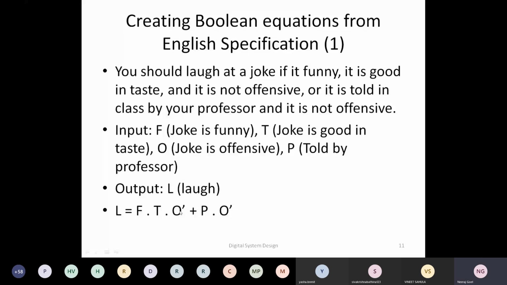This way, from an English specification, we can find out what my Boolean equation could be. That is one important source of Boolean equations, and this source is quite important because when the number of variables is large and you are designing big systems, this English specification comes in very handy. Maybe I can tell you from where these specifications are coming.